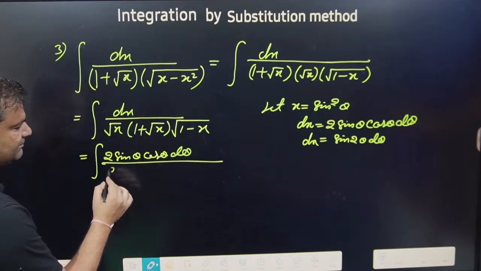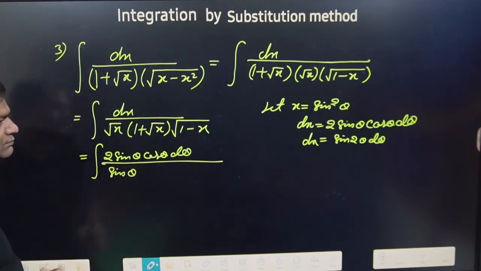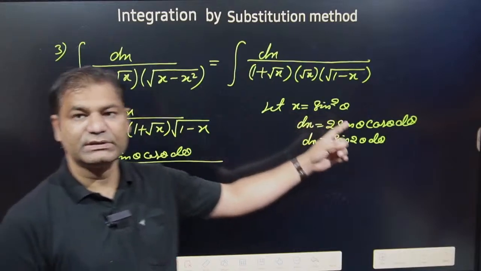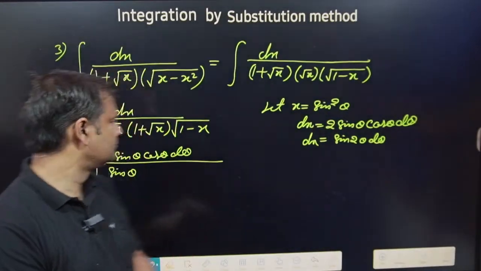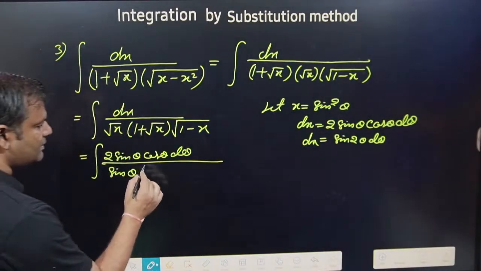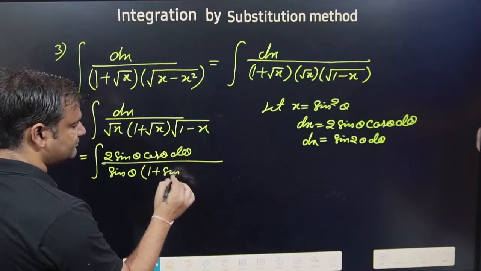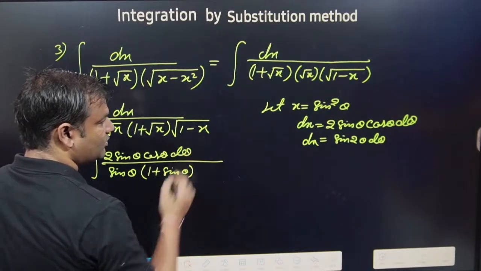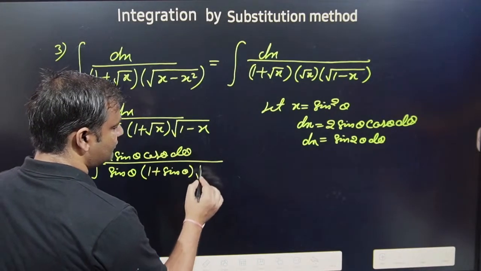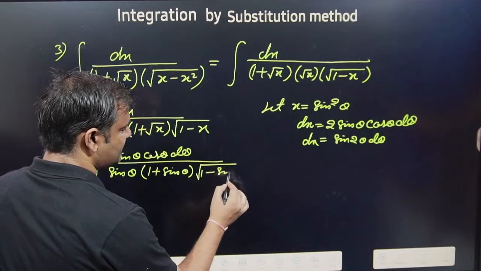Root x is simply sin theta, into 1 plus sin theta. What about that value? 1 minus sin square theta.